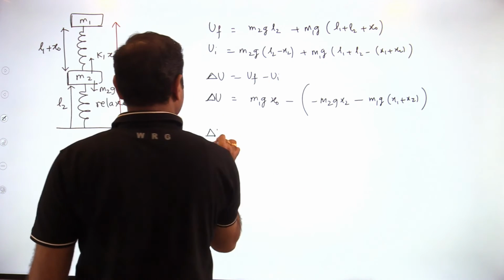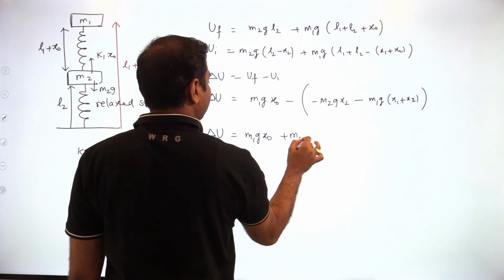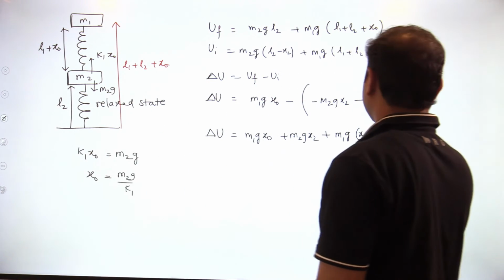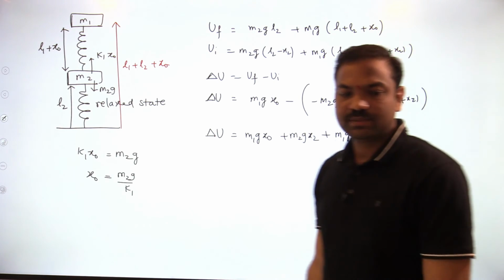So delta U equals M1 g X0 plus M2 g X2 plus M1 g (X1 plus X2). Clear? All of you okay with this?